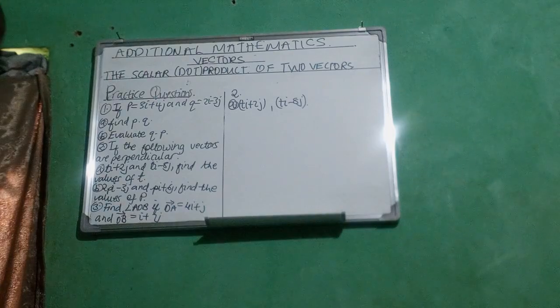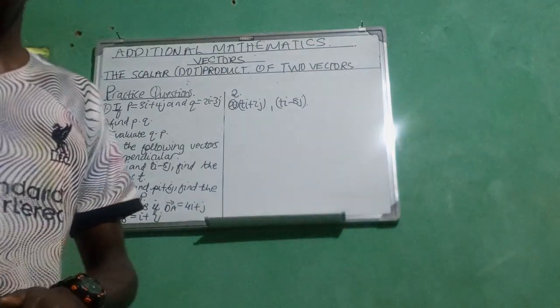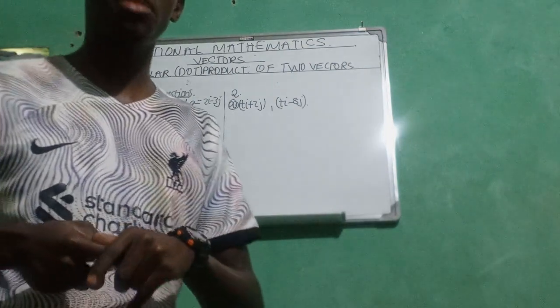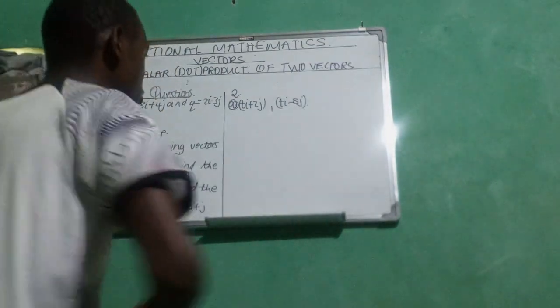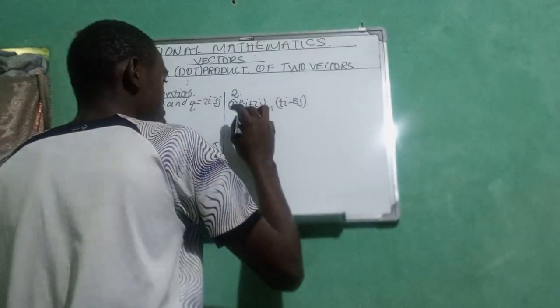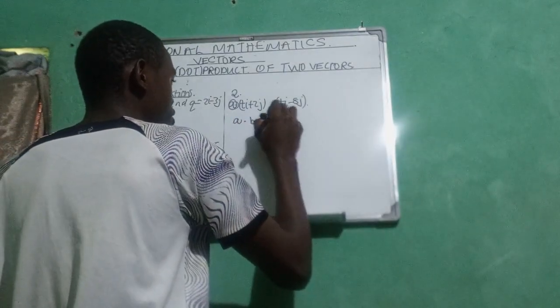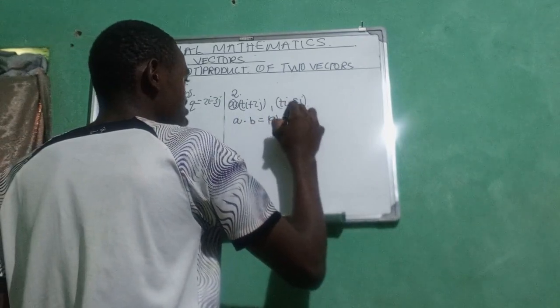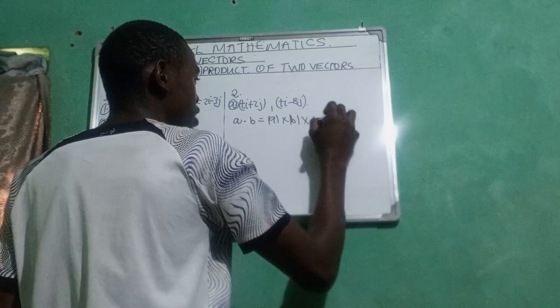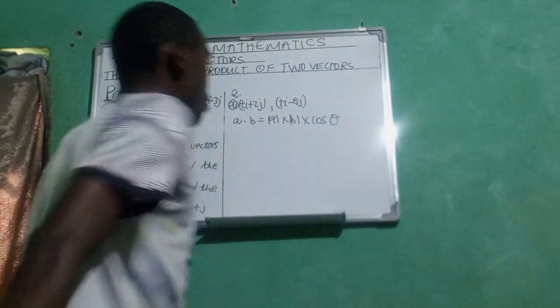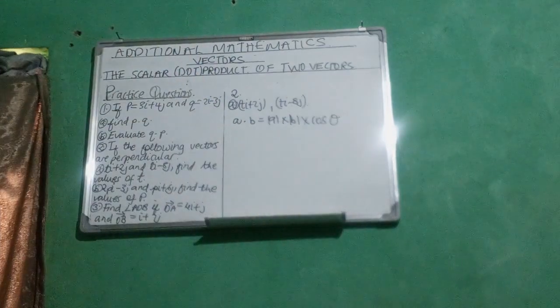So in this particular question, we are going to start thinking about the scalar product formula or the dot product formula, which is A dot B is equal to magnitude of A multiplied by magnitude of B multiplied by cosine theta, theta representing the angle between the vectors.